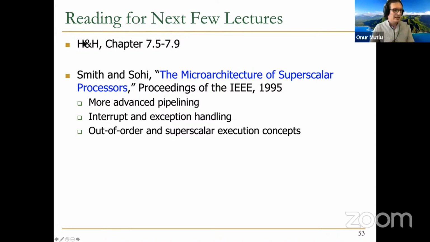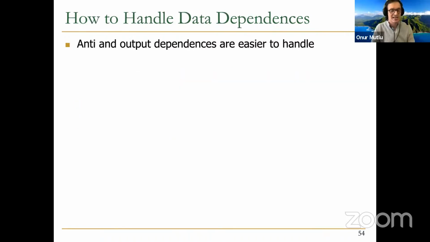There's also H&H chapter 7.9, which also covers them. It also has nice definitions of dependencies and how to handle them as well. But it doesn't go into as many concepts as we will cover. It goes into a lot more detail in some other concepts that is not necessary, but we will cover more broad concepts in this particular slide quickly.